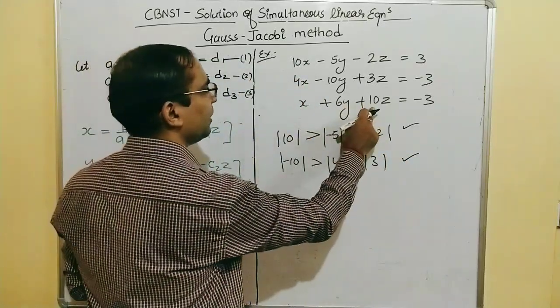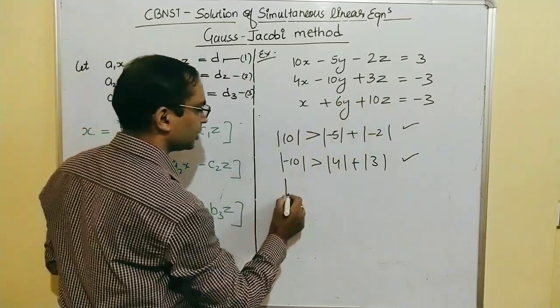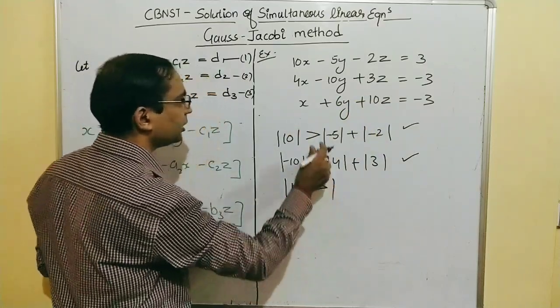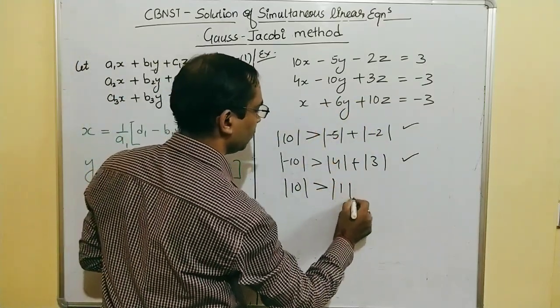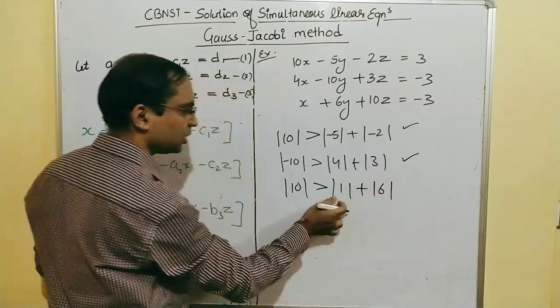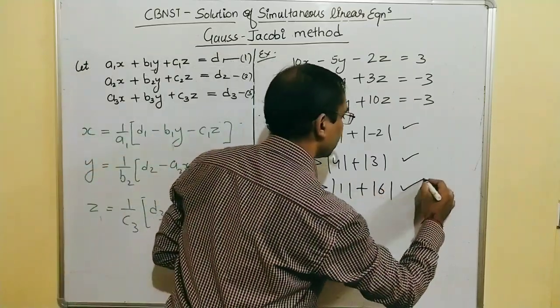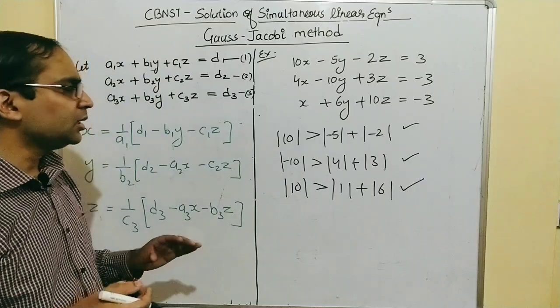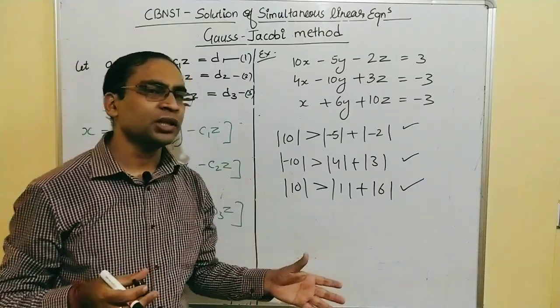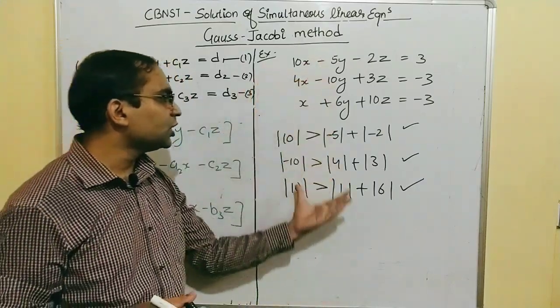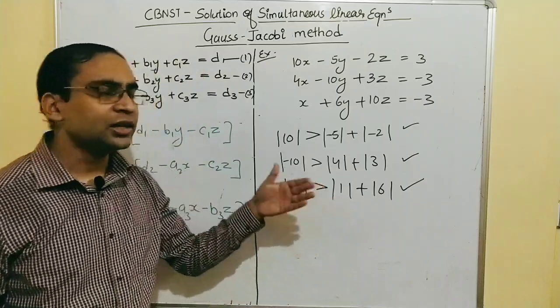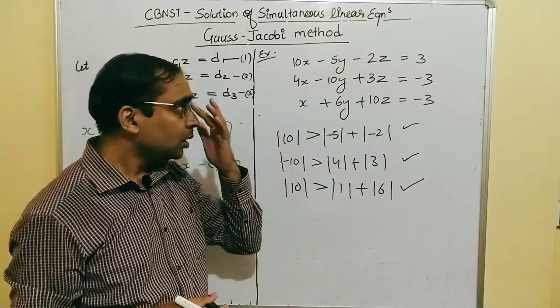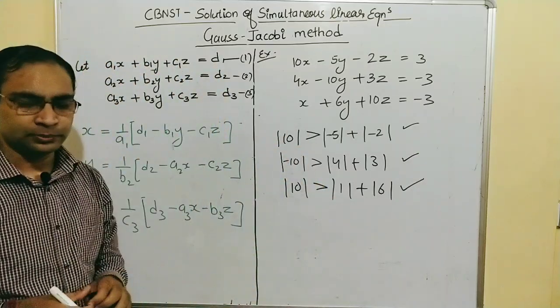In the last equation we have to check the z term, so mod of 10 is greater than 1 plus 6, that is 7, and 10 is greater than 7. So the primary condition of diagonal dominance holds in this system of equations, and it can be solved with the help of the Gauss Jacobi method.